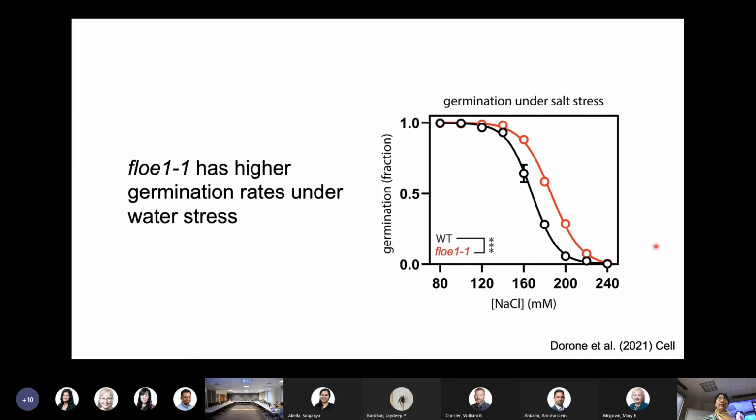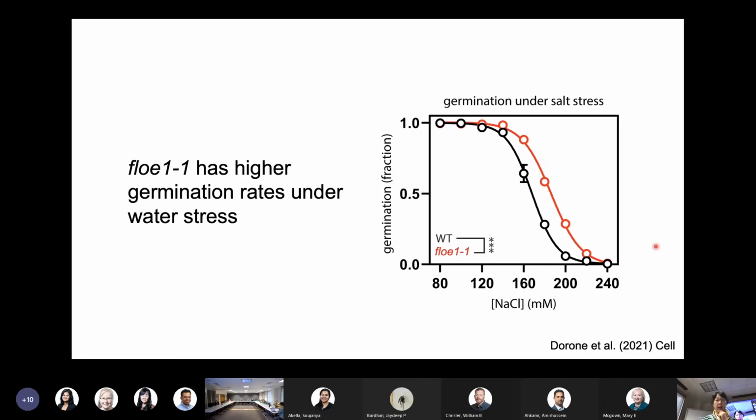So when you don't have this protein, the seeds germinate more precociously under lower water potential. Wild type plants don't like to germinate when there's a lot of salt or mannitol, or low water potential. It's smart, right? But these mutants are less able to do that.